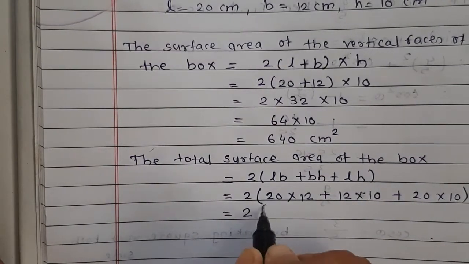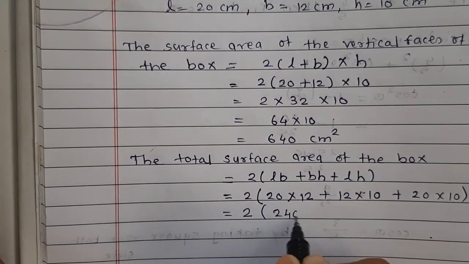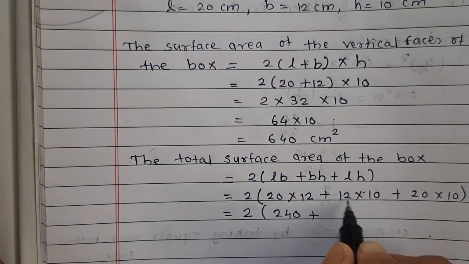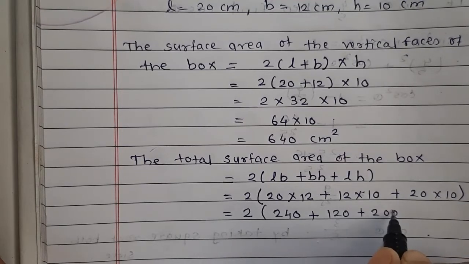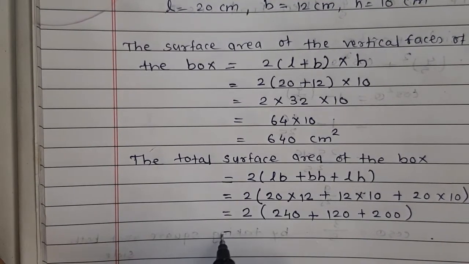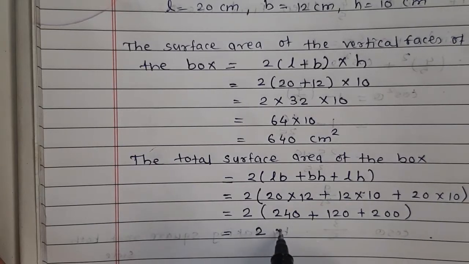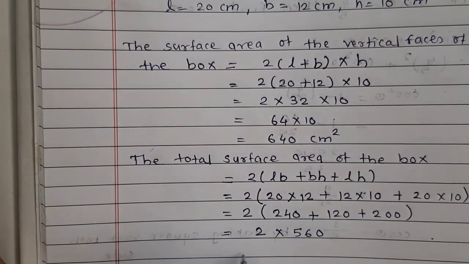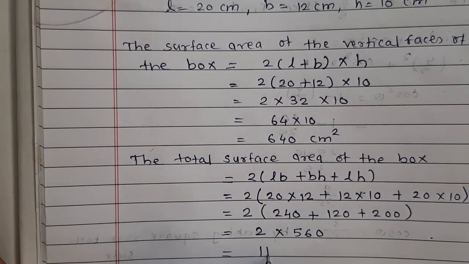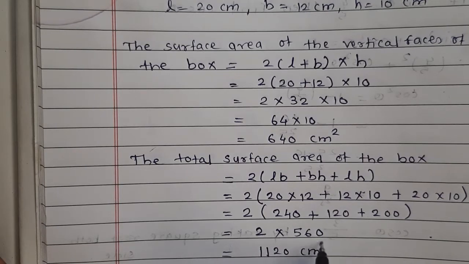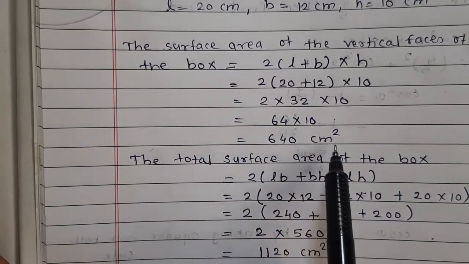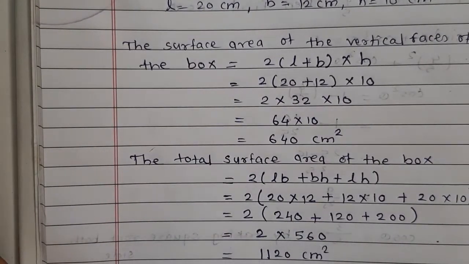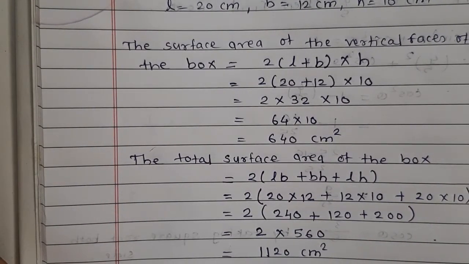So we get 2 in bracket 240 plus 12 tens are 120, 20 tens are 200. Equals 2 into, after adding this we get 560, which after taking the product of these two gives 1120 centimeter square. So total surface area of vertical face is 640 centimeter square and total surface area of the box is 1120 centimeter square.